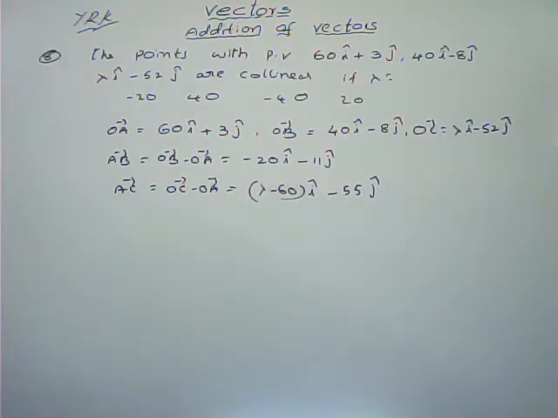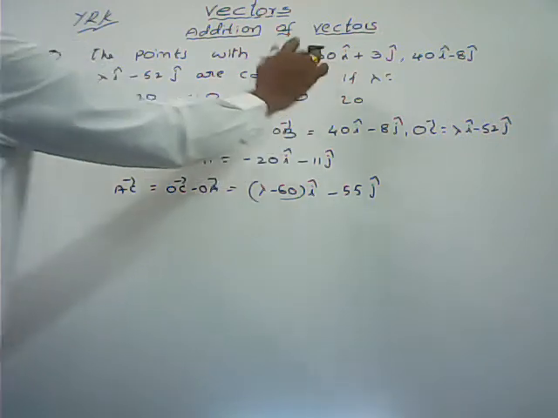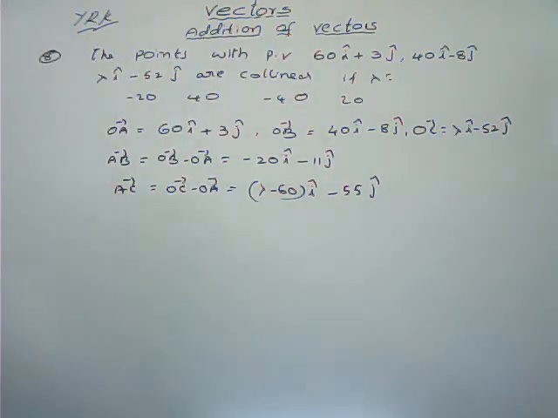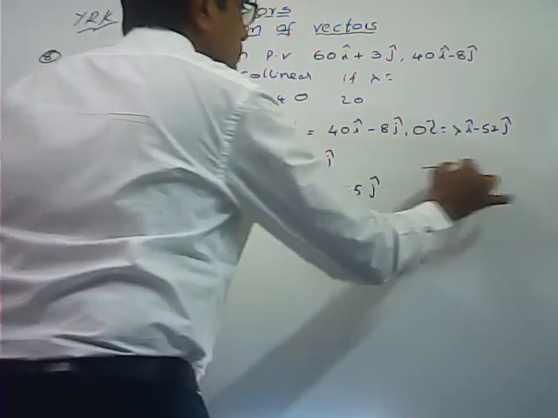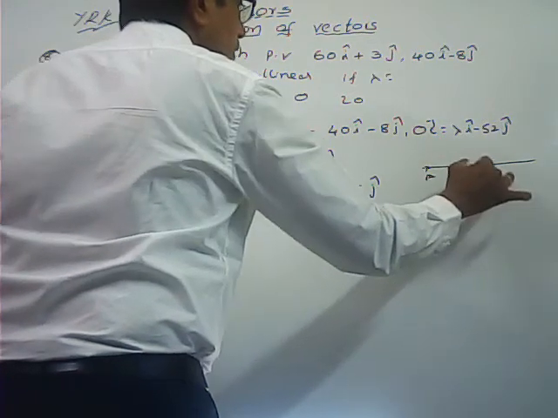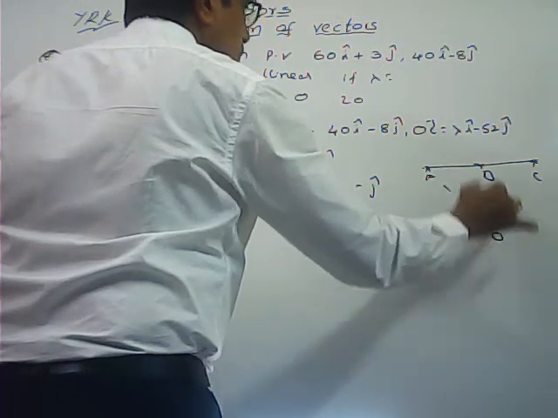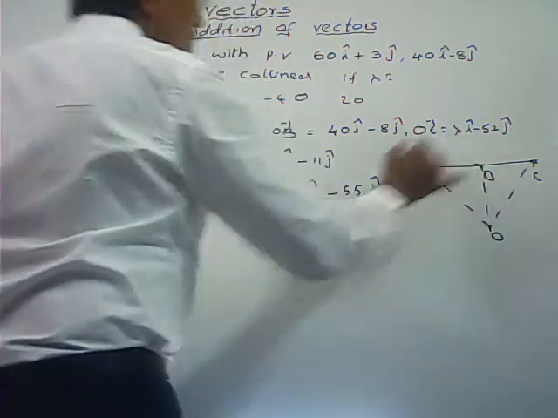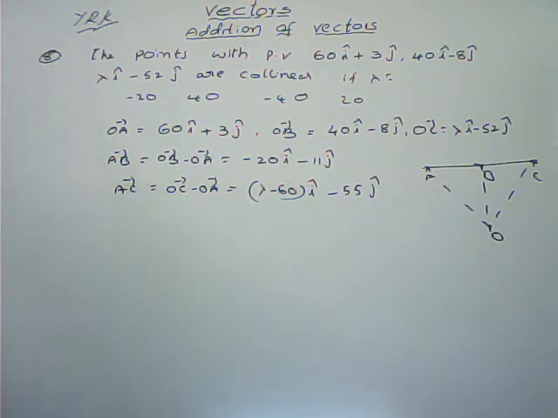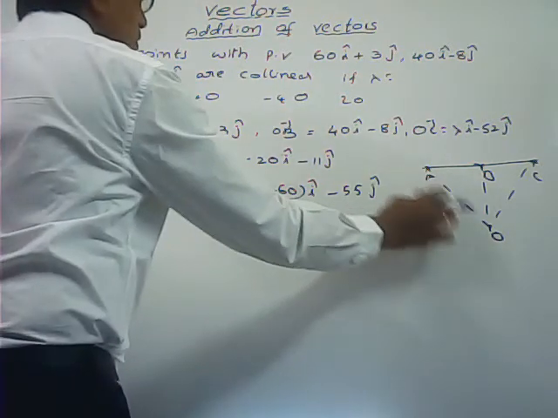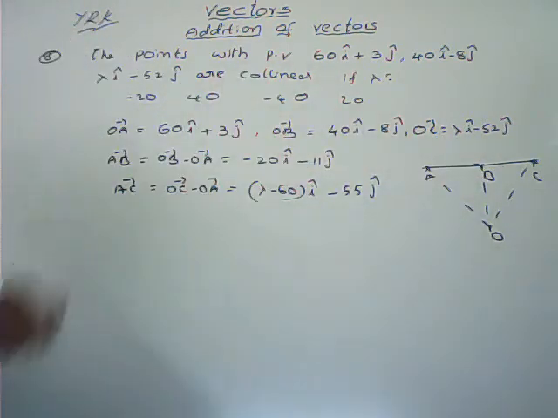Next one, the points with the position vectors. Position vectors are given, so OA bar, OB bar, OC bar are given, and they are collinear. If any 3 points A, B, C are collinear, here with respect to origin, position vectors are given. So the position vectors with respect to origin, we can say OA bar, OB bar, OC bar are given.